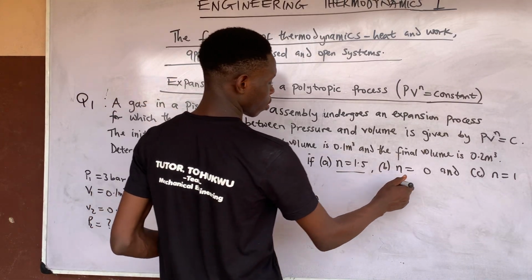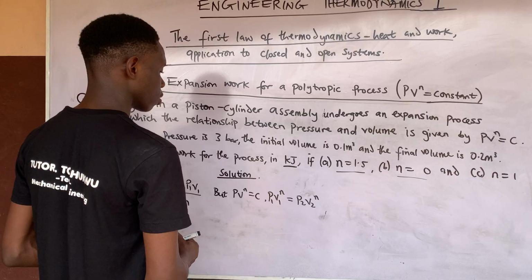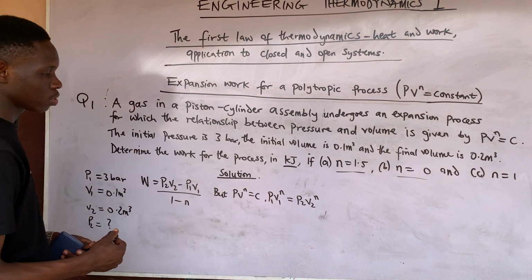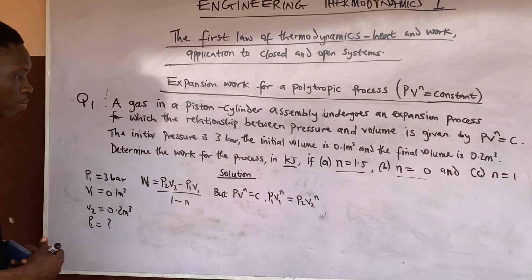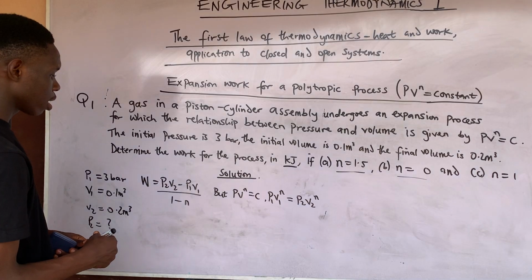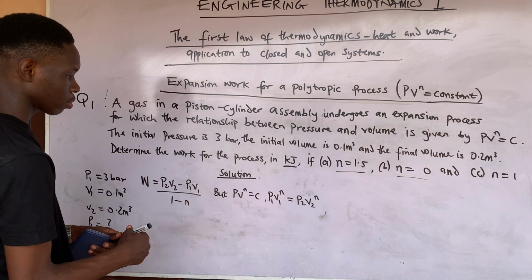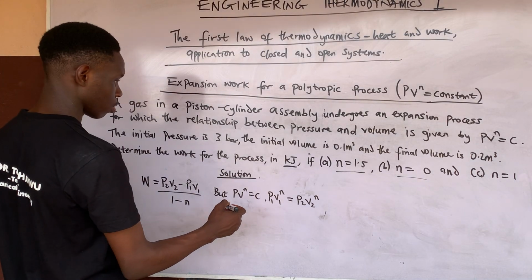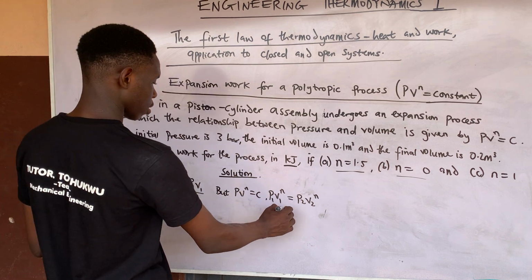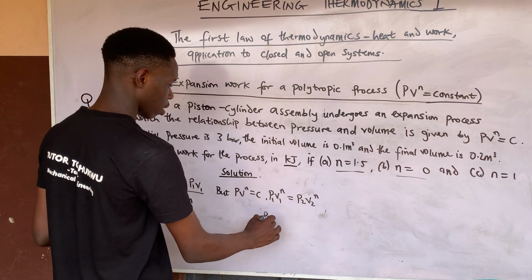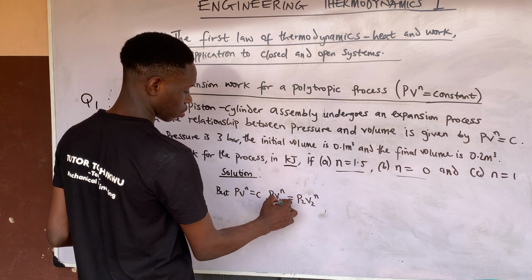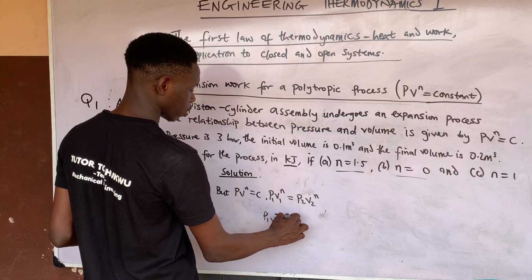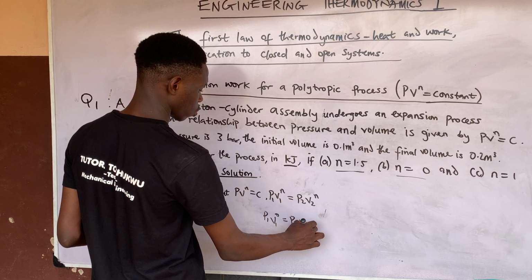Now for the second case, when n equals 0, we follow a similar procedure. When n equals 0, we have that P1 V1 to the power of 0 equals P2 V2 to the power of 0.